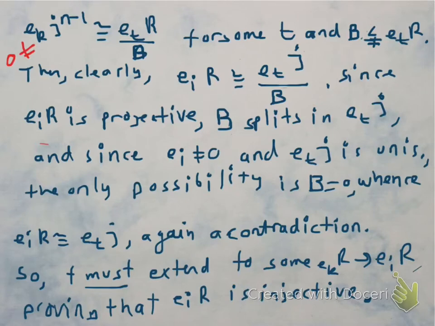Which leads us to a contradiction again to the hypothesis that EIR couldn't be equal to the Jacobson radical of any of the principal indecomposables. So this is a contradiction.